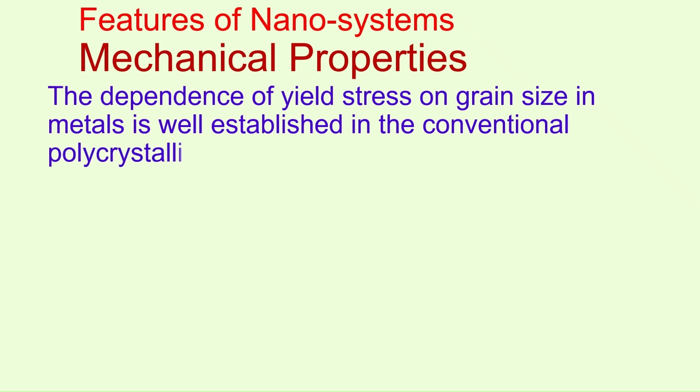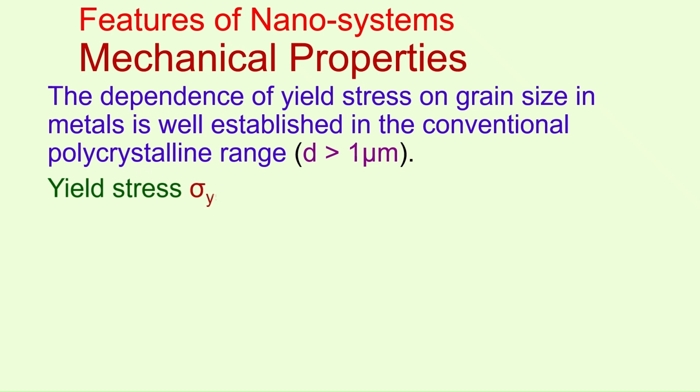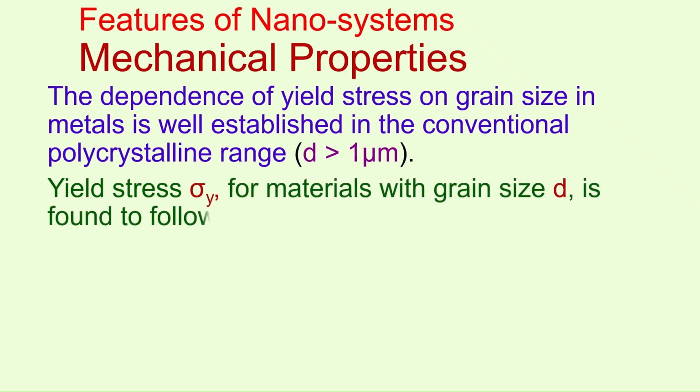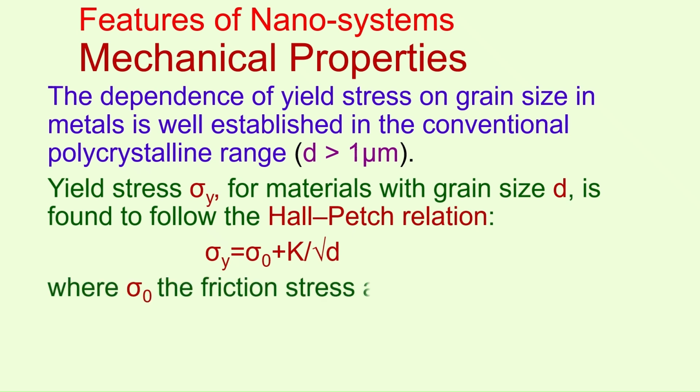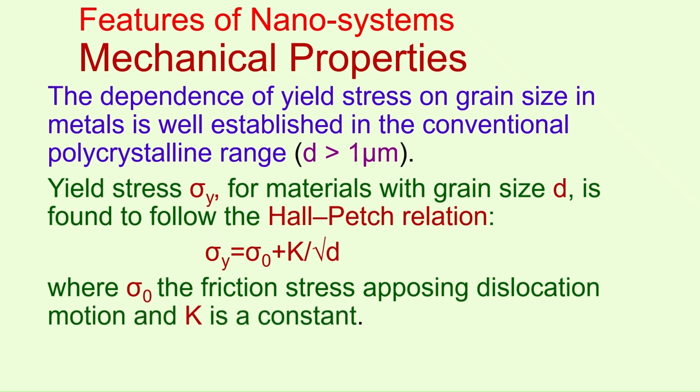In the conventional polycrystalline range, diameter more than 1 micrometer, yield stress sigma y, for materials with grain size d, is found to follow the Hall-Petch relation. Sigma y equals sigma 0 plus k divided by square root d, where sigma 0 is the friction stress opposing dislocation motion, and k is a constant.